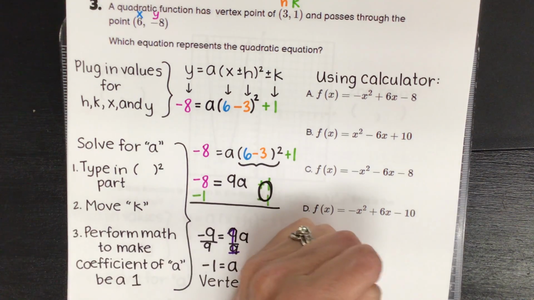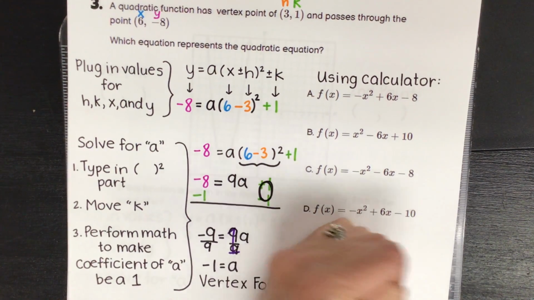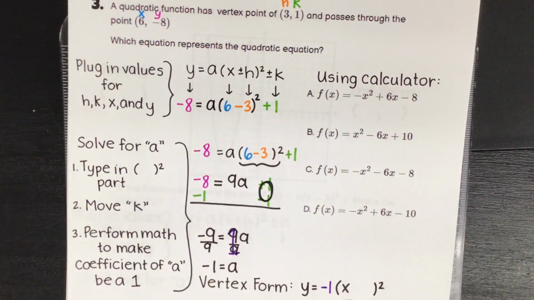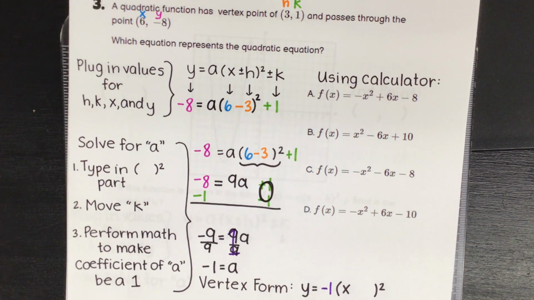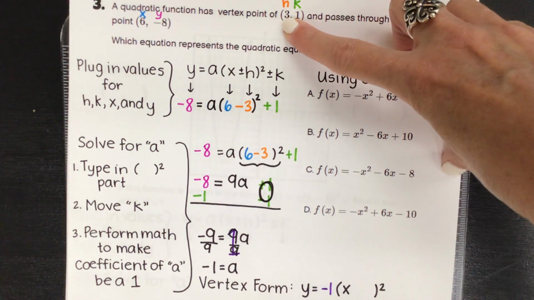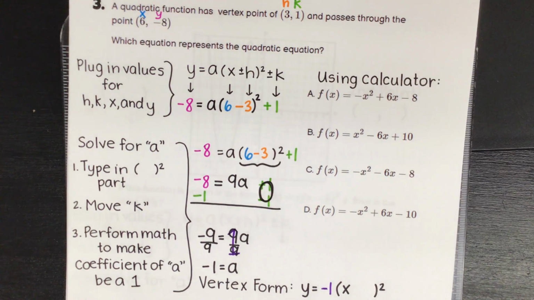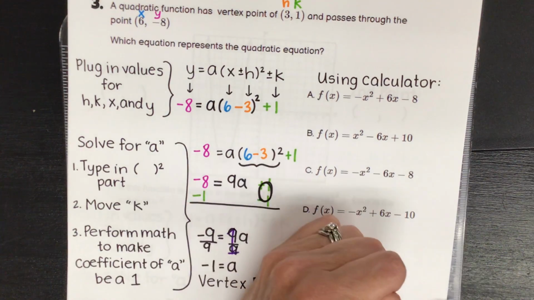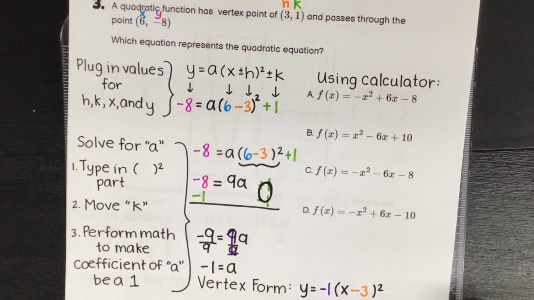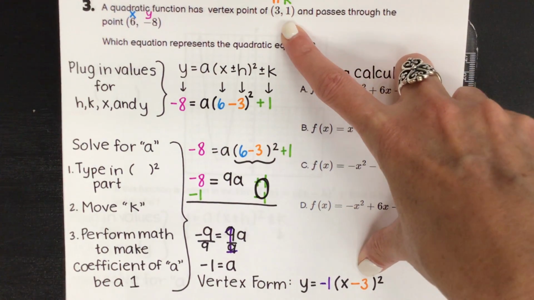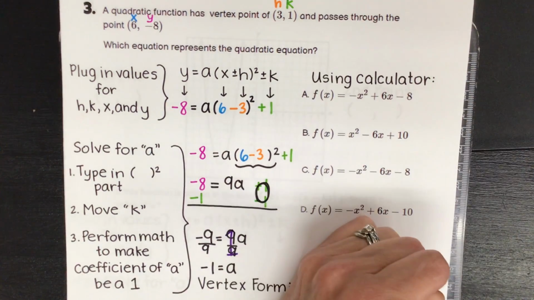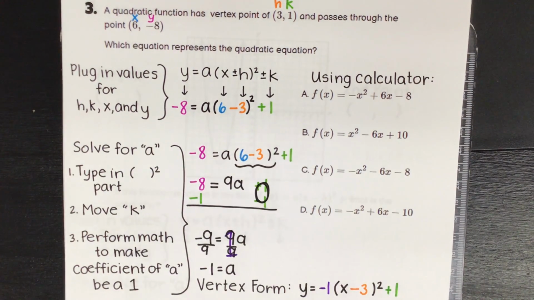You are going to see your parentheses squared. You are going to see y and x, those variables. The only variables you're not going to see are h and k. You are going to plug back in your vertex, and we're going to start with h. So remember, it's going to be plugged in as a negative 3 because I want it to have the opposite. We've got to have that sign change. And then k is going to be plugged in just like it is, so plus 1.